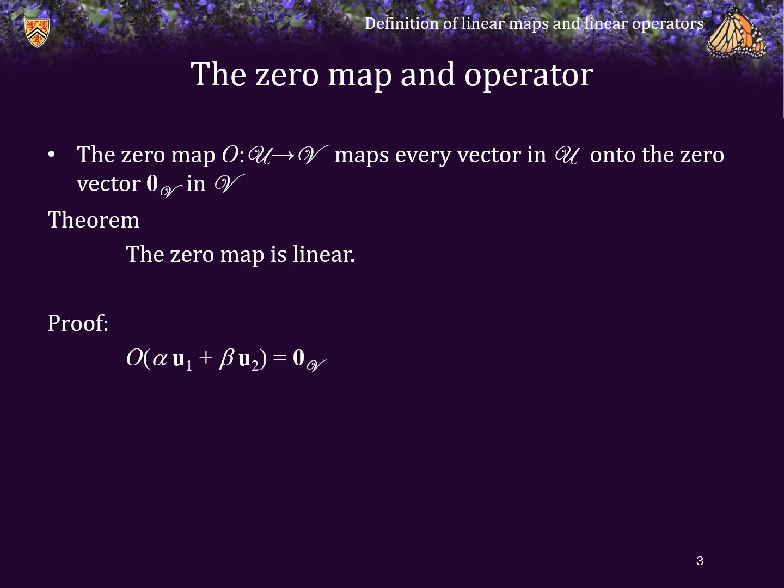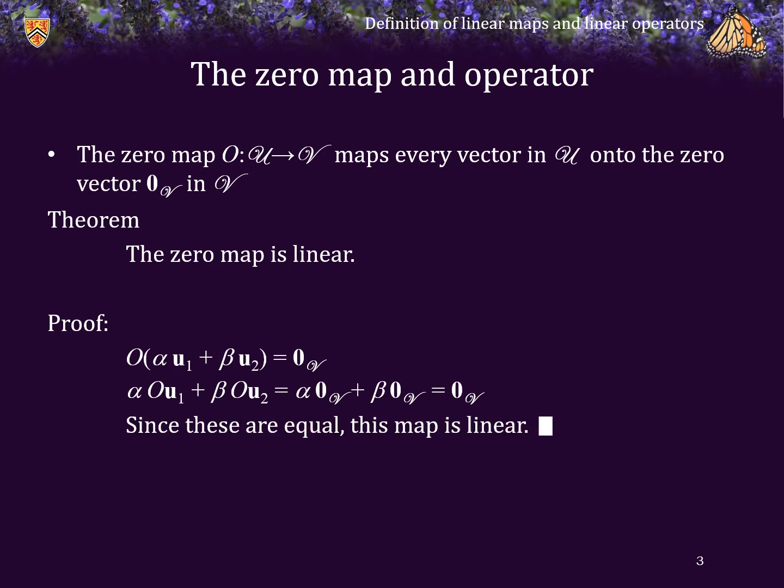Proof: if we apply the zero map to this linear combination of vectors in U, it's still a vector in U, so the output is the zero vector. On the other hand, if we calculate the linear combination of the zero map applied to each of those vectors, we get, once again, the zero vector. So these are equal, and therefore the map is linear.